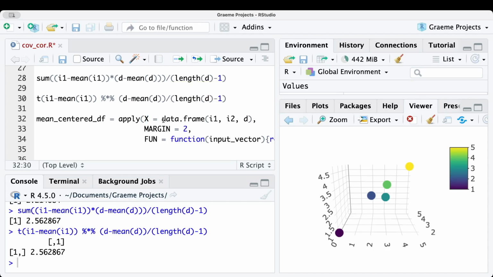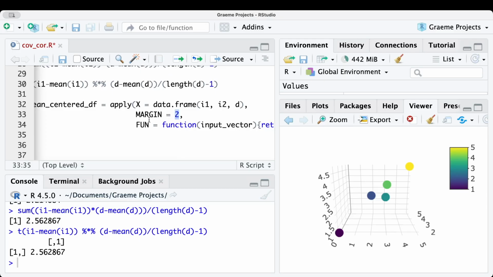In this case, I want it to be the data frame of I1, I2, and D, and these are all going to be column vectors. So this margin equals 2 here becomes important. Because these are column vectors, I want to use the second dimension. If you're using row vectors, you use margin equals 1 instead. But since we're using column vectors, it'll be 2.